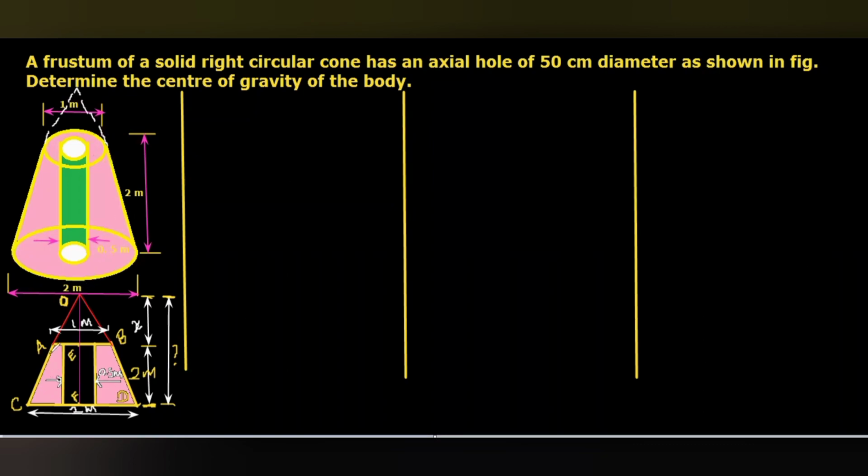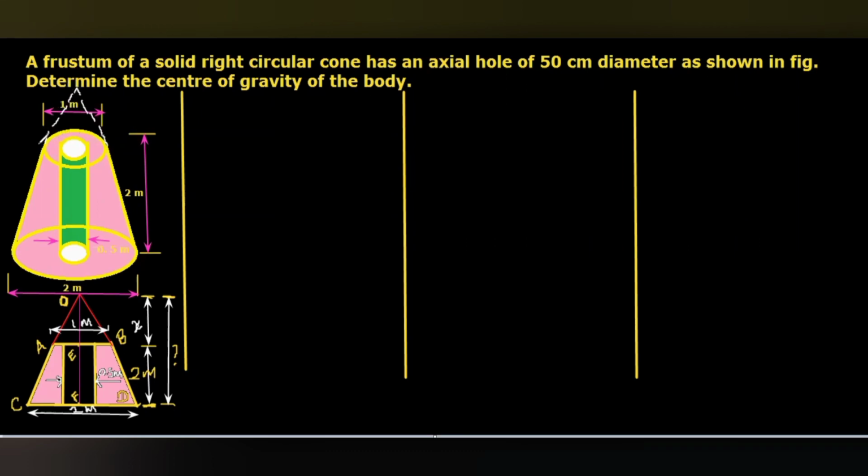This ABCD is the frustum of cone. It is extended from the point A towards O, and from the point B also towards O. Then OCD will be the large cone.